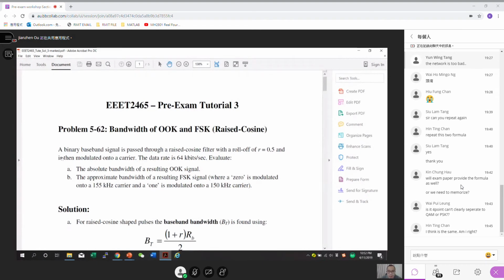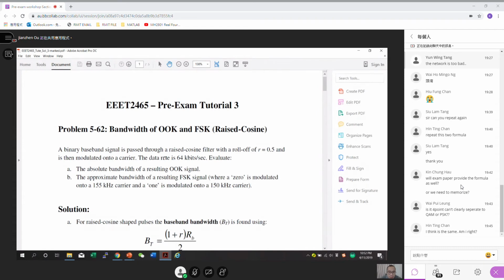The question is about a binary baseband signal that is passed through a raised cosine filter. So it's not a square wave anymore. It's a raised cosine filter, so for the bandwidth, you need to add the rolloff factor in. Luckily, the rolloff factor is already known to be 0.5. And it's then modulated onto a carrier.